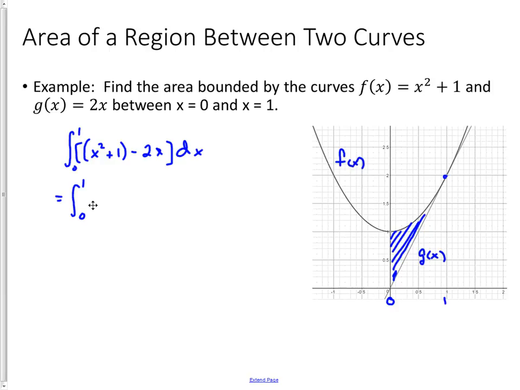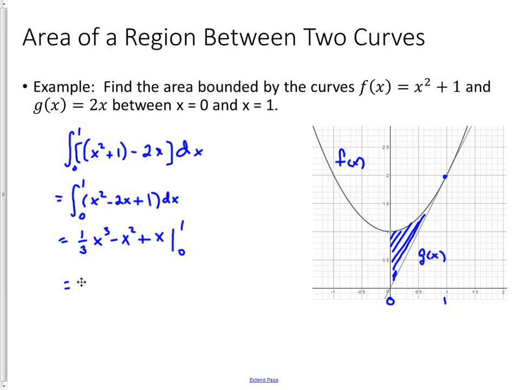From 0 to 1, x squared minus 2x plus 1 dx. This is a kind of curve that we have evaluated before as a definite integral, and we get 1/3 x cubed minus x squared plus x, evaluated from 0 to 1.